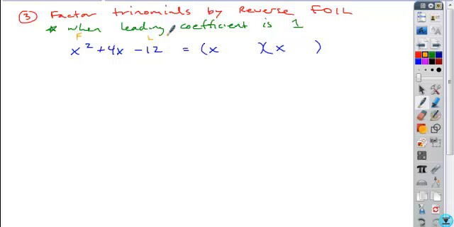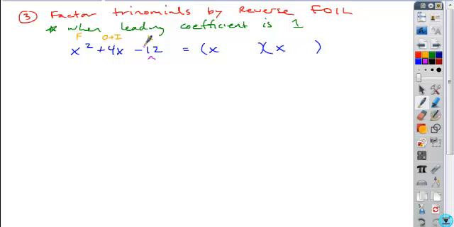Next you have to take a look at the last terms. The last two terms of your binomial factors have to multiply to equal -12, and their sum has to be equivalent to the middle term 4x. So what you need to do is figure out what factors of -12 have a total sum of +4.